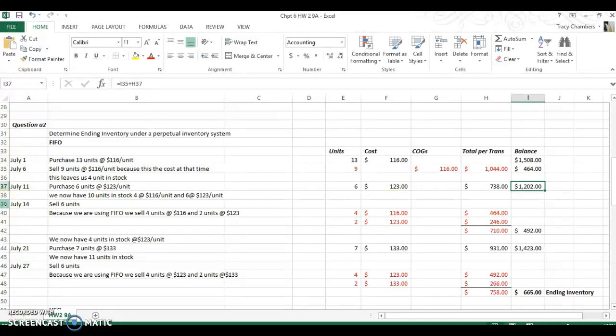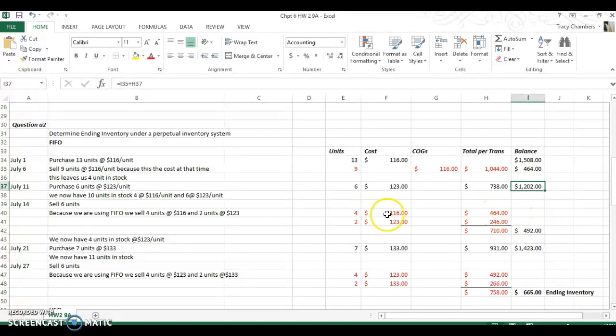On July 14th, we sell 6 units. But because we're using FIFO, we sell 4 units at $116 because they are the last 4 of the original inventory that we purchased. And we sell 2 units at $123 to make up the 6 units that we're selling. So 4 units at $116, 2 units at $123, and the calculation is right here.